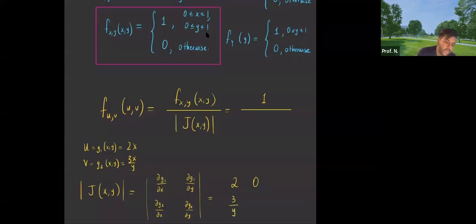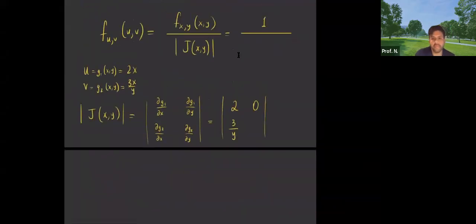And then what's the derivative with respect to y? It's negative 3x over y squared.